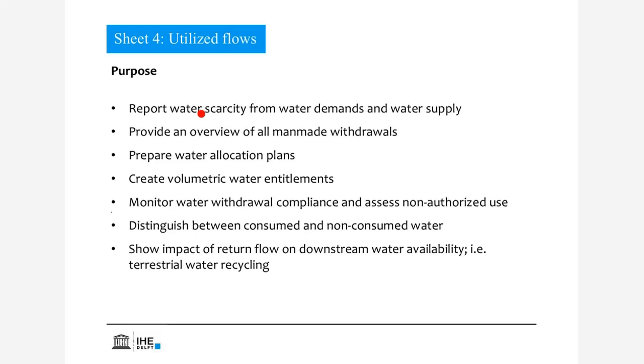And also look at what is consumed and what is non-consumed. So how much is the return flow and how important is the role of return flow on downstream water availability.